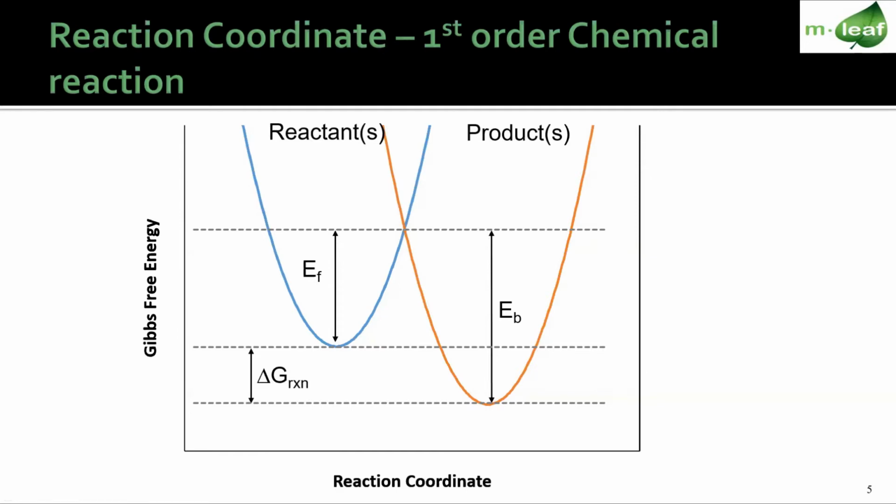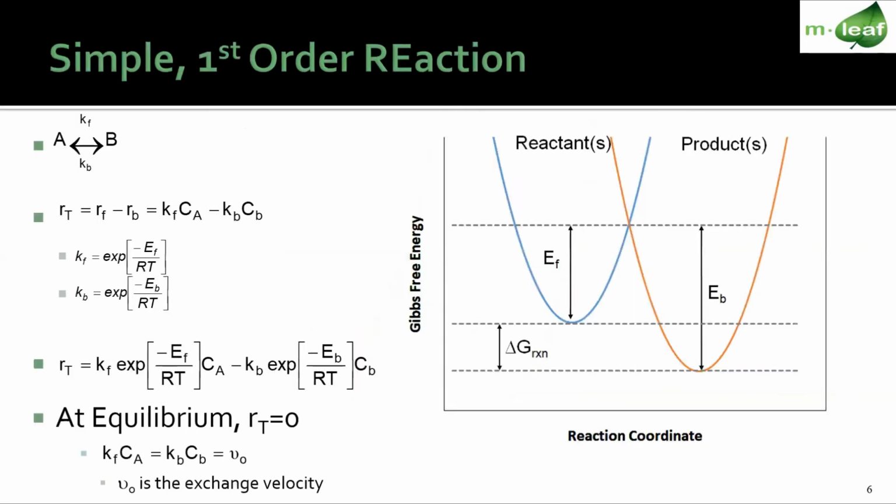And what that allows us to do is what we've done for a simple reaction A goes to B this entire semester. We can actually write rate laws that we should be very comfortable with, that we have when A is in equilibrium with B, the total reaction rate is just the rate of the forward reaction minus the rate of the reverse reaction.